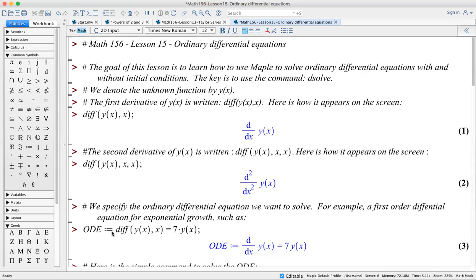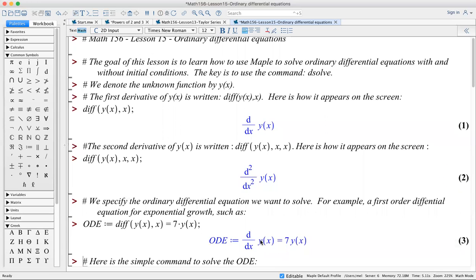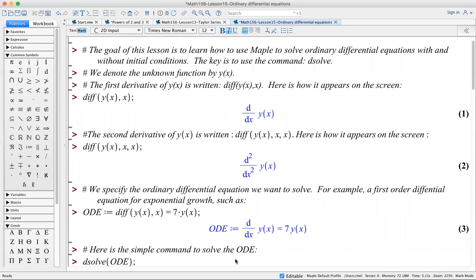But I assign to ODE this expression, diff y of x comma x equals 7y of x. So what is that? It's like dy dx equals 7y of x. So this is an exponential growth equation. It's the simplest kind of equation there is. And you know the solution is a constant times e to the 7x.